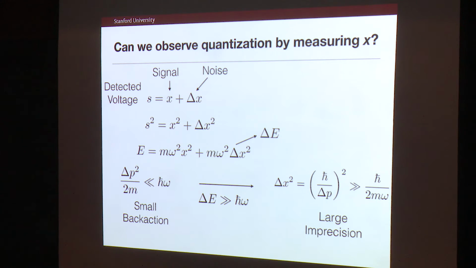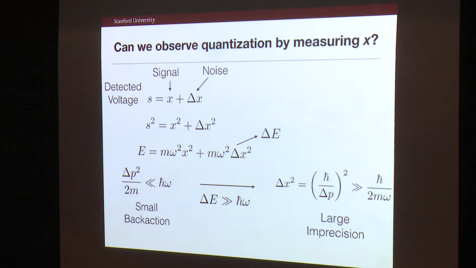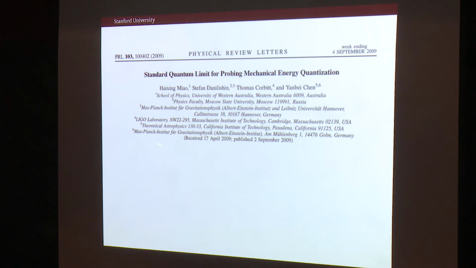I mean, we can even say something stronger about trying to measure quantization using linear detectors. I first learned about this paper from Haixing Miao and Yanbei Chen, which is one of the most underappreciated papers in the field. People should really read this. But basically the solution is that you have to be really careful not to measure position if you're trying to measure quantization.